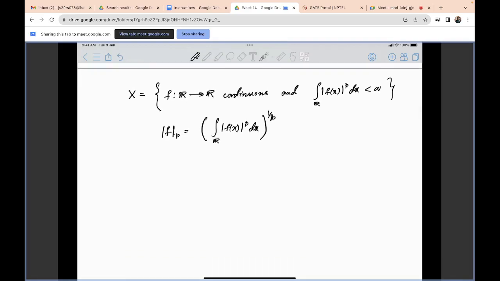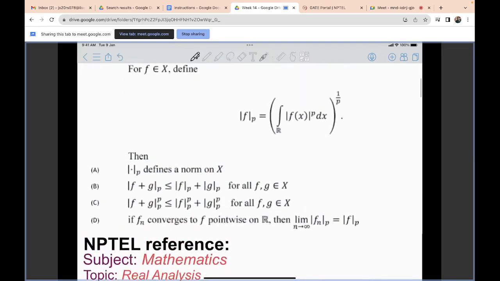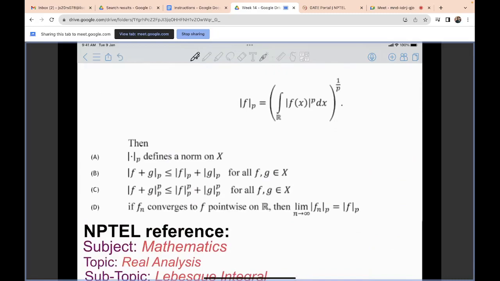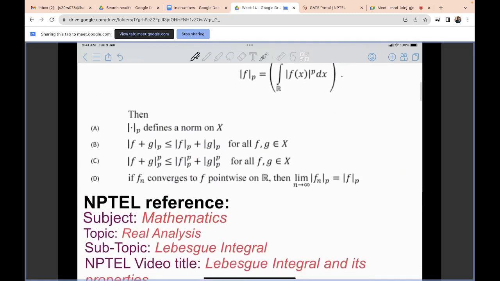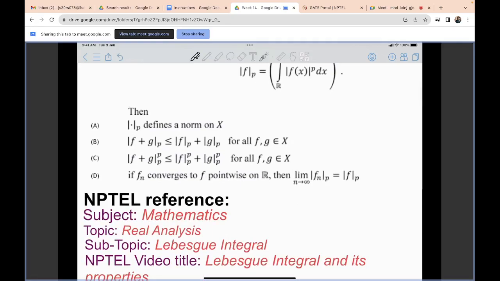Right, then we have to check whether this is a norm or not, and whether it satisfies the triangle inequality or not. So first we will check option b, whether it is true or not.